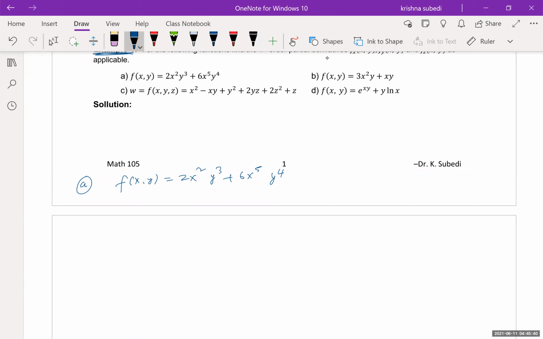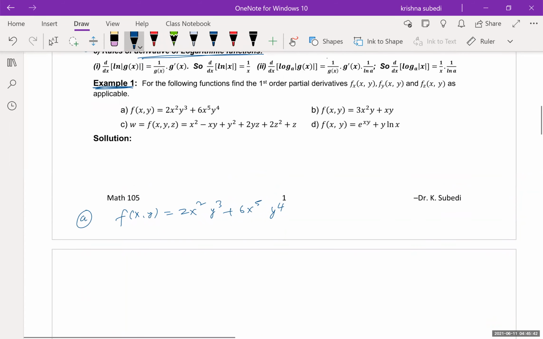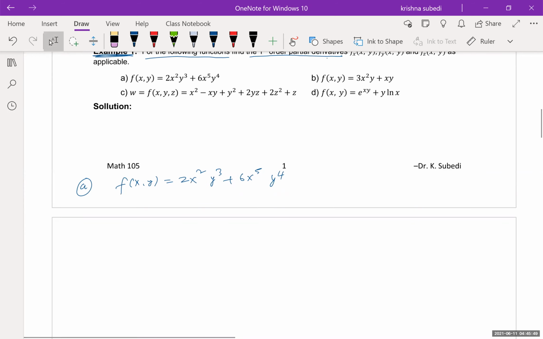Okay, that is the function. What we need to do is, for the following function, find the first order partial derivative. Remember there are two variables, x and y, so you cannot find the derivative with respect to both of the variables at the same time. So we find one at a time. So f sub x, and then we find f sub y later.